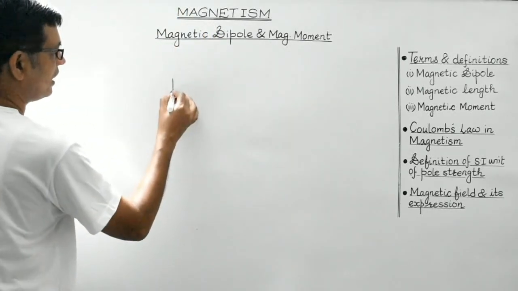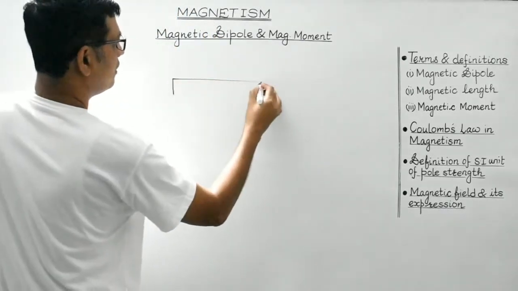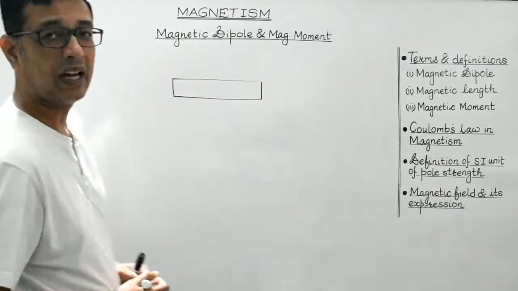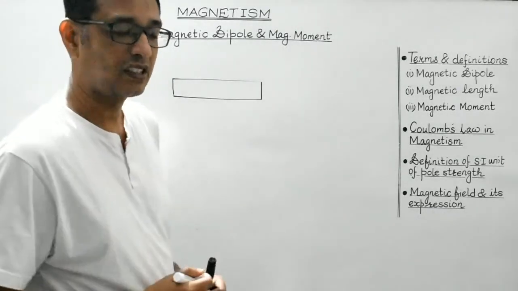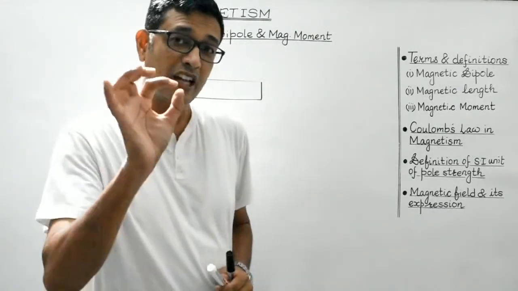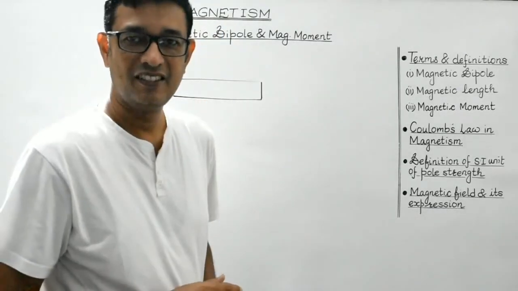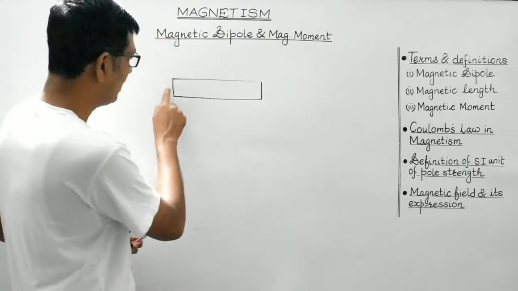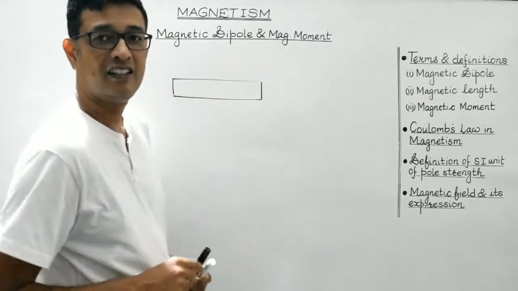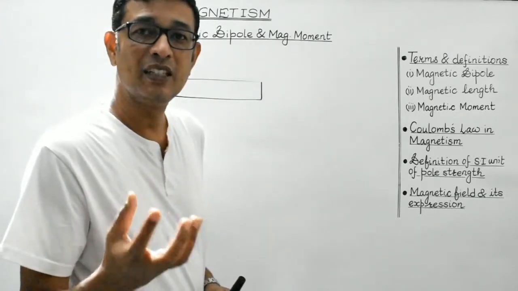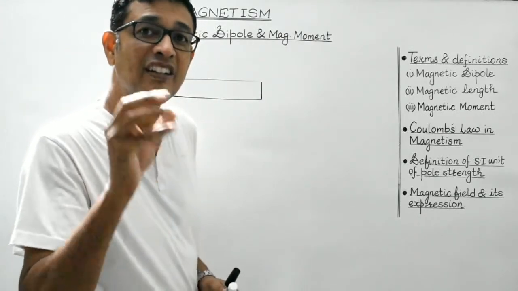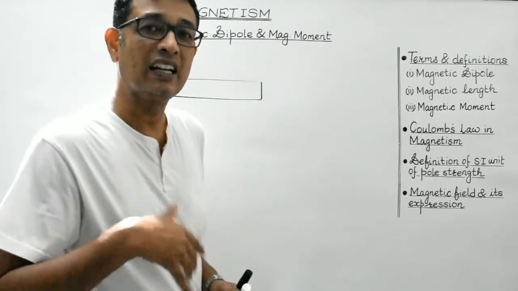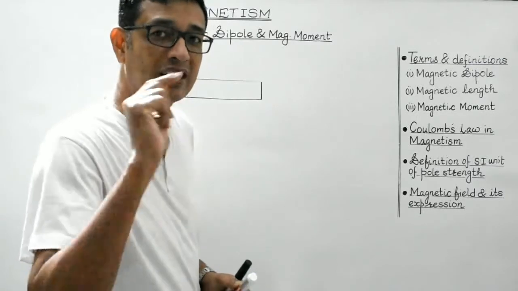So this is the bar magnet, right? This is the bar magnet. And as we have discussed students about the poles of a magnet, the magnetic poles are not exactly the endpoints of a magnet. Magnetic poles are the preferred regions near the endpoints of a bar magnet, where the magnetic force of attraction is maximum.